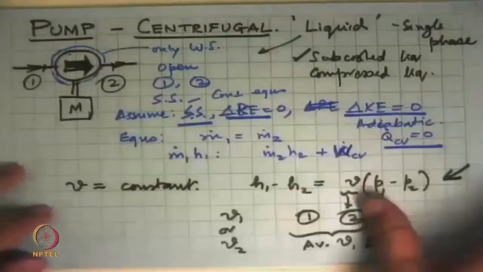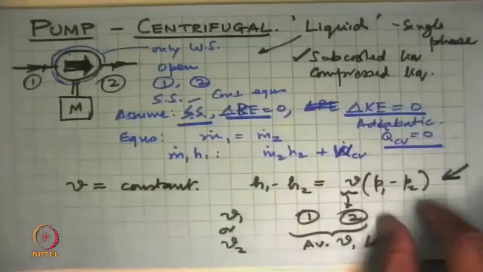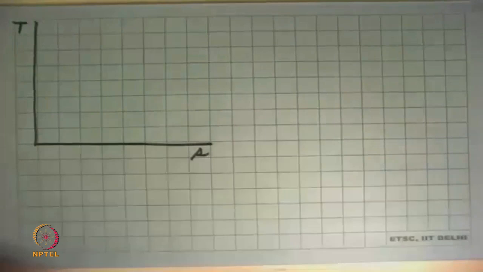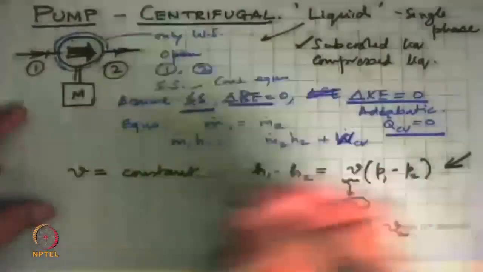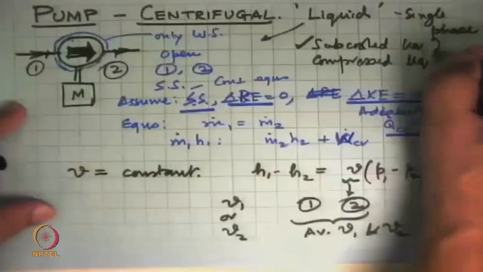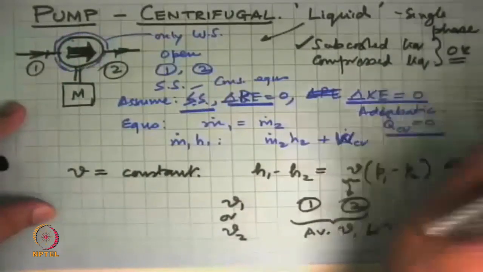And now let's see how we show the process on property diagrams. Okay, this is TS, and one thing we need to know, we need to mention somewhere or check somewhere that this is valid in the given problem.